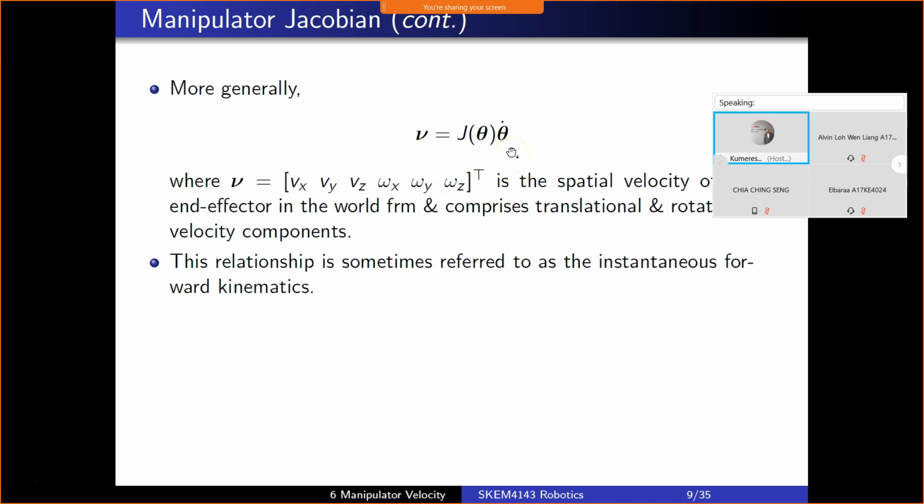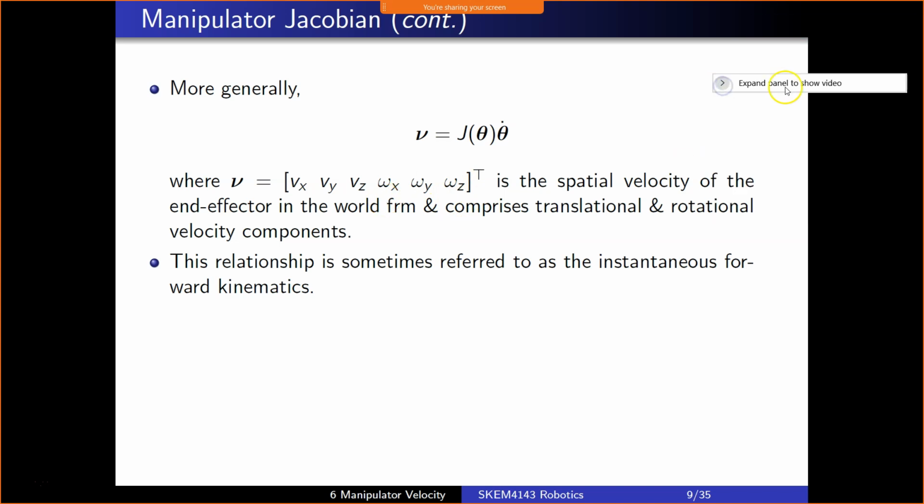Okay, so if you have a 6 degree of freedom robot arm, theta dot consists of theta 1 dot, theta 2 dot, up to theta 6 dot. All right, and theta dot is d theta dt, the time derivative of theta. And for spatial velocity, we have the linear or translational velocity components and the angular velocity components.